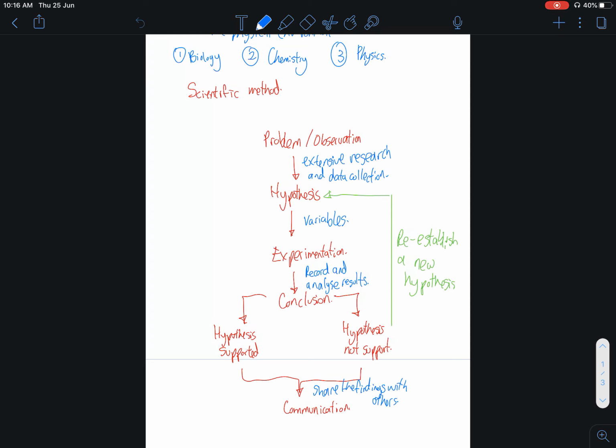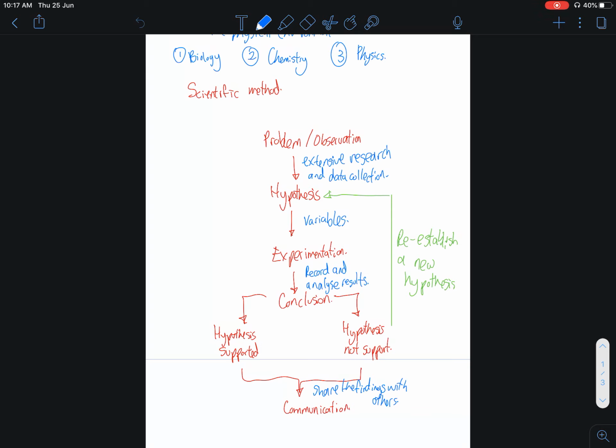Through doing the experiment, which involves your steps, the procedures of using the apparatus, we will collect and record results. After recording the results and data, we will analyze it to reach a final conclusion. This conclusion is like the final answer to the original question in our hypothesis. Depending on what the results are, we would see if we are correct.